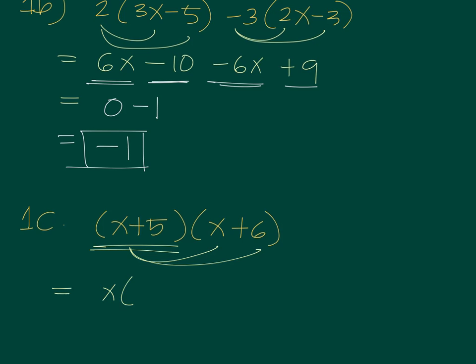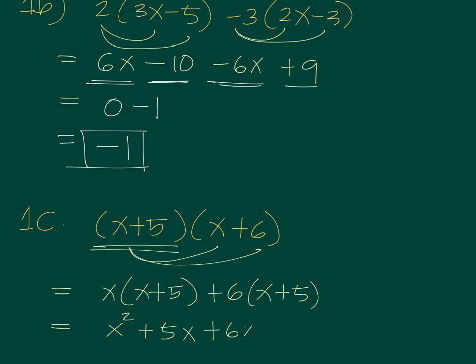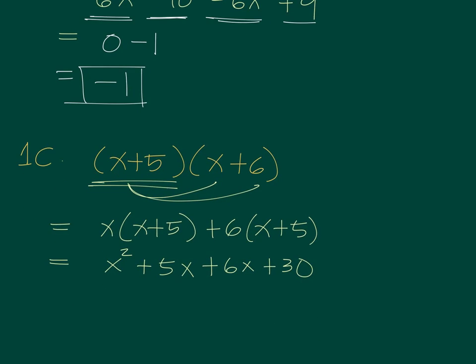That means x times x plus 5 and then plus 6 times x plus 5. This becomes x squared plus 5x plus 6x plus 30, which is equal to x squared plus 11x plus 30.